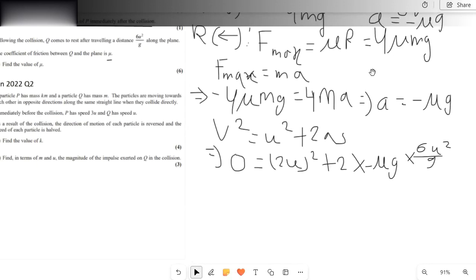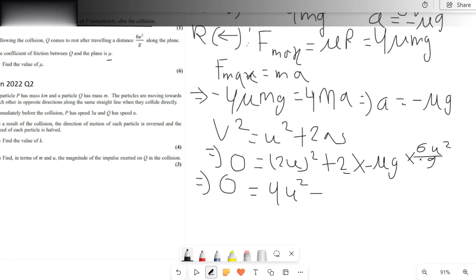Further simplifying, we get 0 on the left side, 4u squared on the right side, minus 2 multiplied with 6, which is 12, and mu remains the same, g gets cancelled out, so we have minus 12 u squared mu.